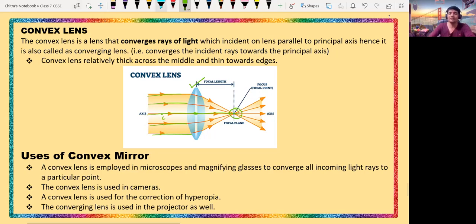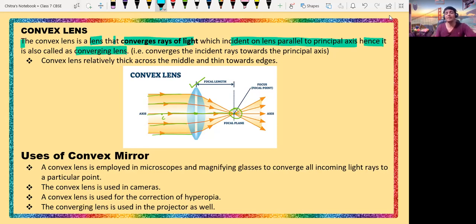So let's discuss the definition. The convex lens is the lens that converges the light rays. Convergence means collection of the light at a single point, which are incident on the lens parallel to the principal axis. Hence, it is also called a converging lens.